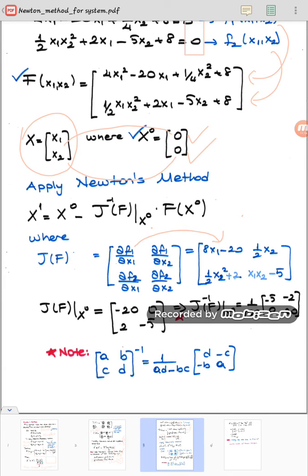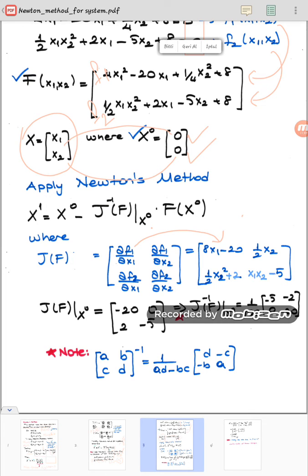It gives us 8x1 minus 20. Do not forget, this is your f1, and this is f2. Taking the derivative of f1 with respect to x2, it means 1 over 2 x2.